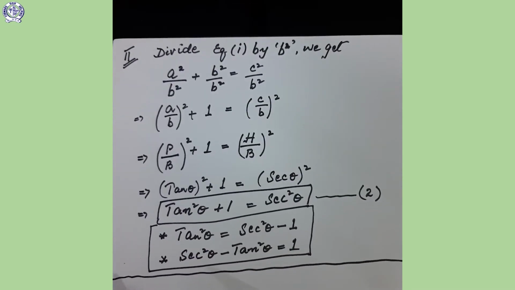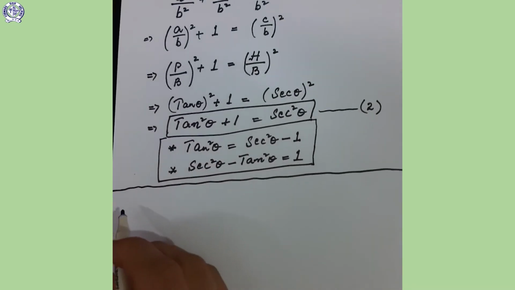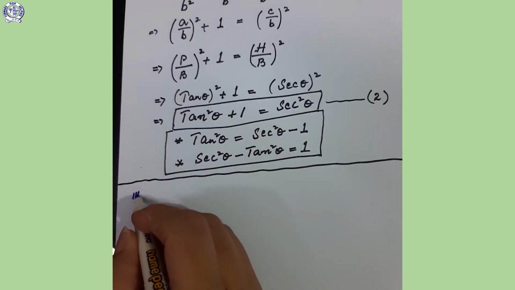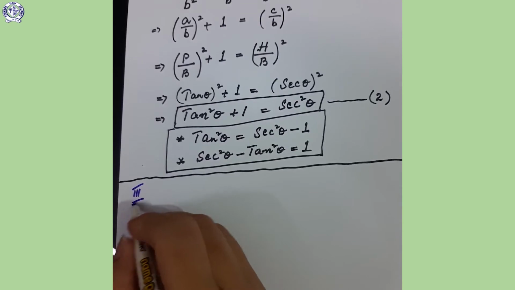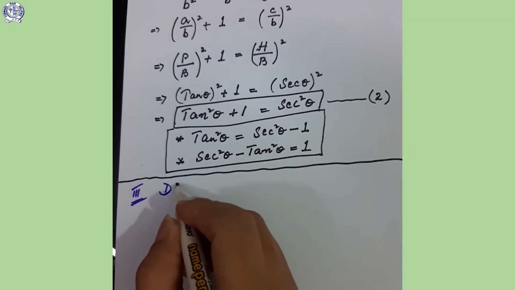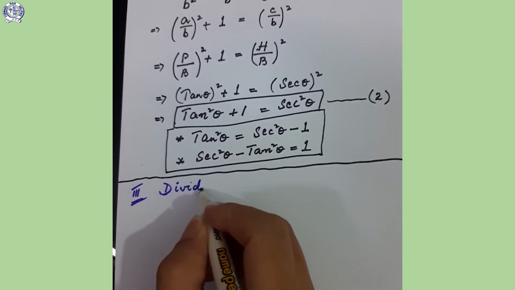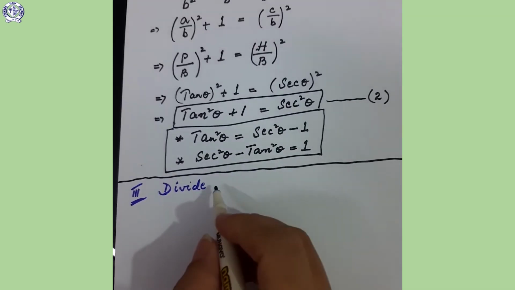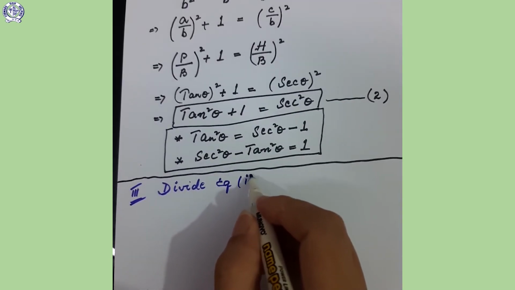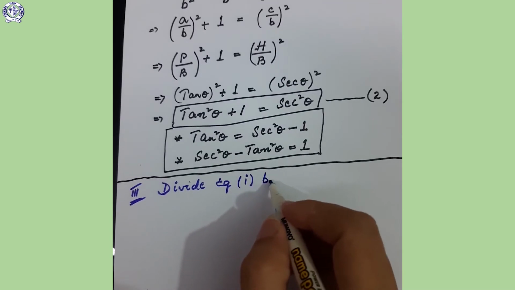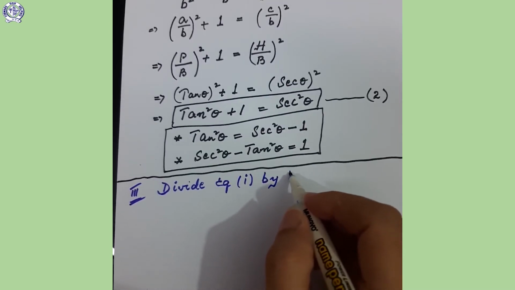Now we will divide the equation by a square. So the third derivation, divide equation 1, same equation, by a square.